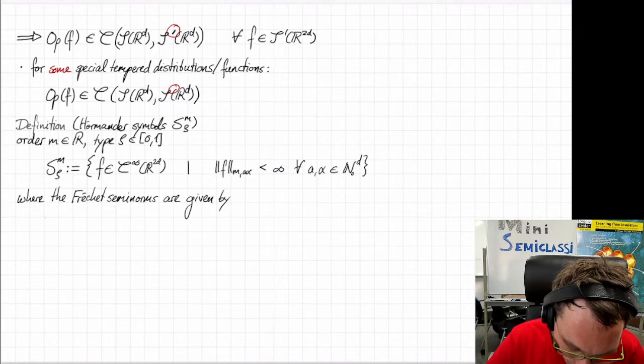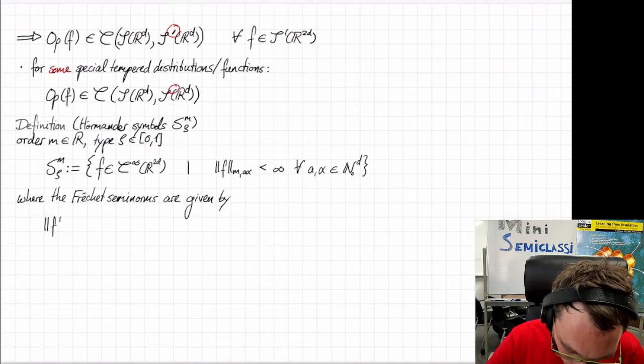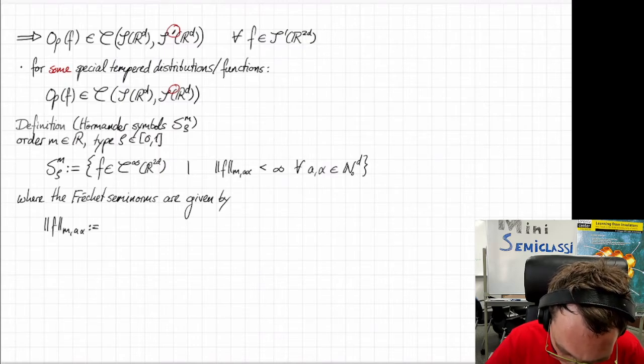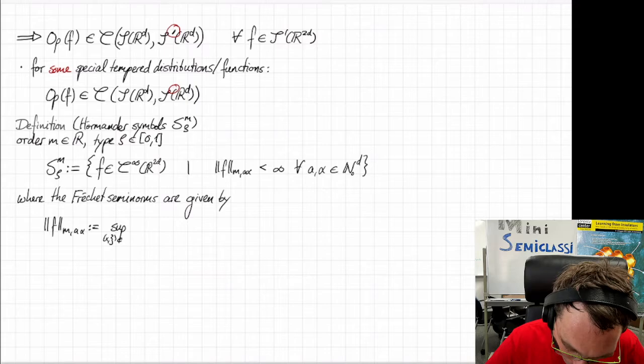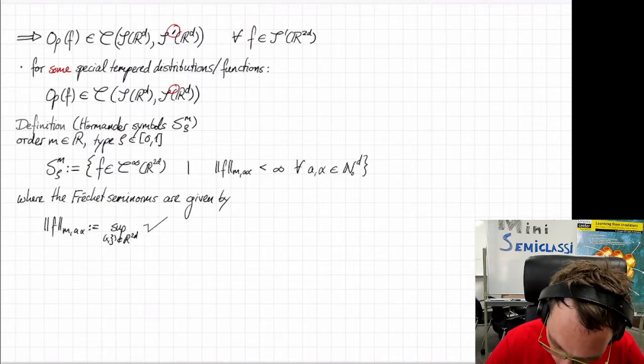Well, what we do here is we take the supremum over all points x and psi in R^{2d}. And then we need a prefactor that controls the growth.